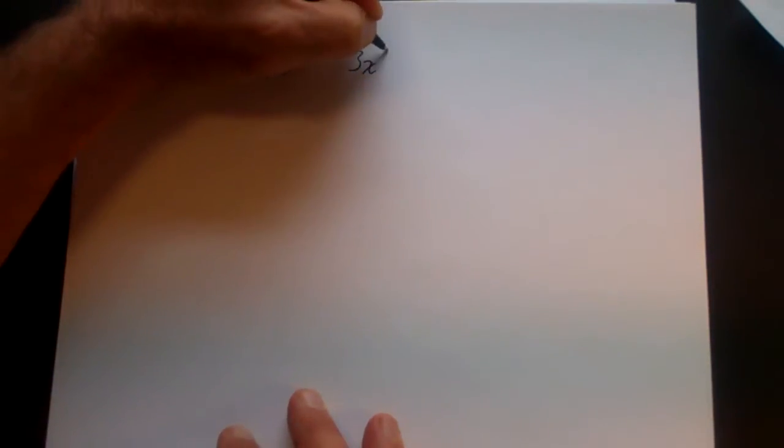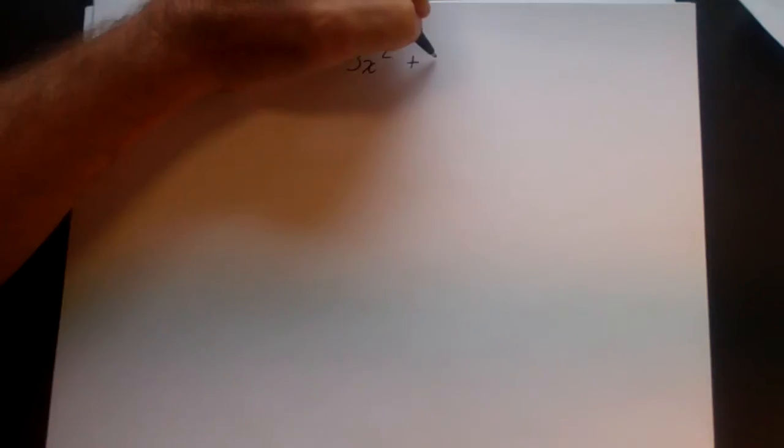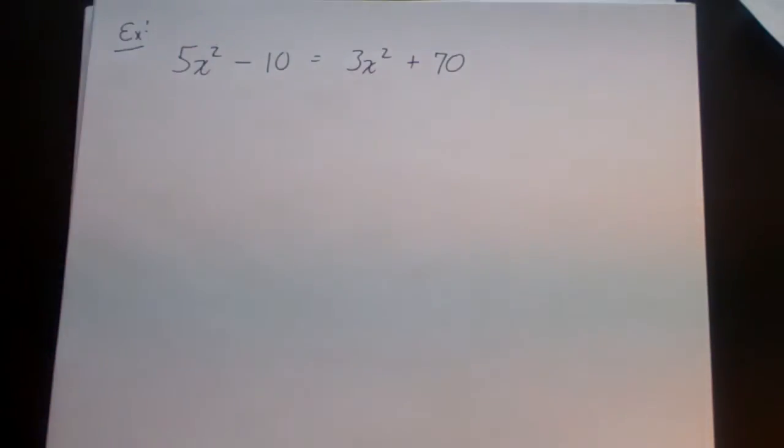And let's look at one more problem. Let's do 5x squared minus 10 is equal to 3x squared plus 70.